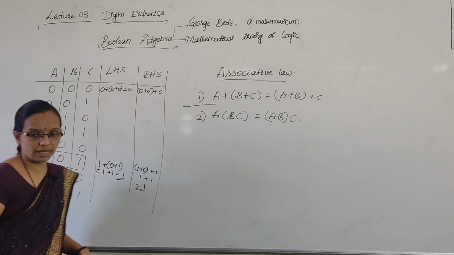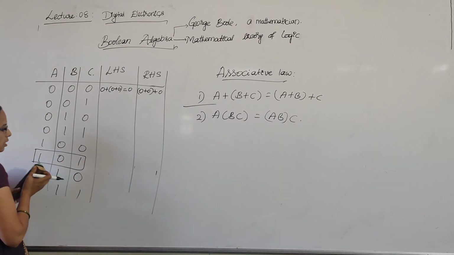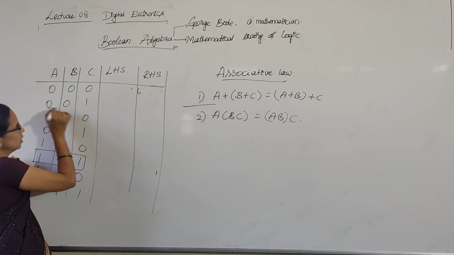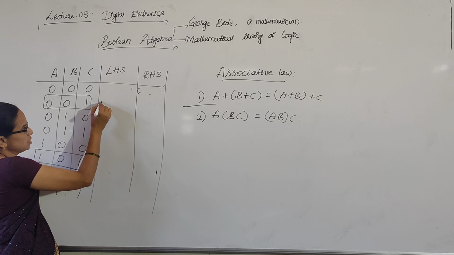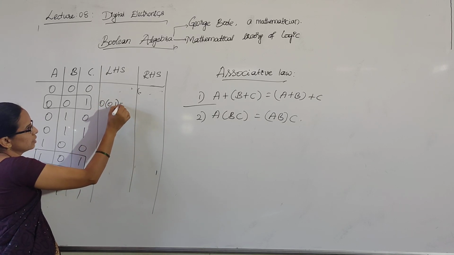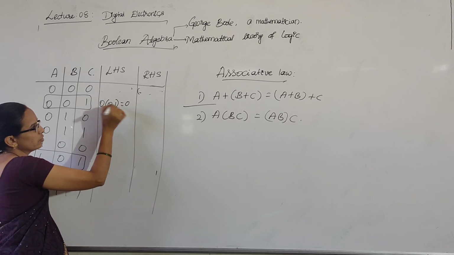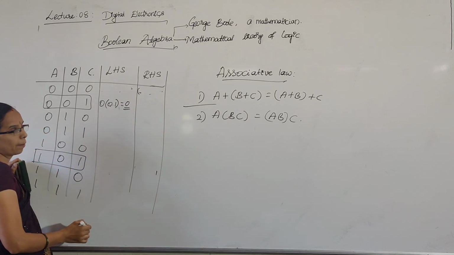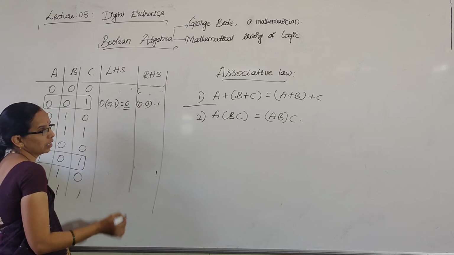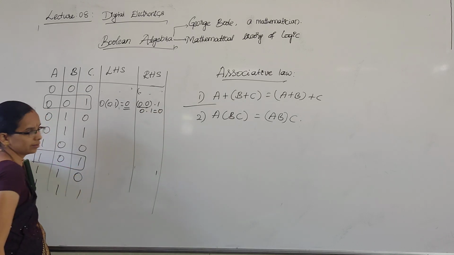In the second case, again the same example I will take: LHS, RHS. I will take this one, 0 and 1. Here that will be 0 and 1 is 0, 0 and 1, 0 is 0. Here 0 and 0 and 1, 0 and 0 is 0, 0 and 1 is 0.